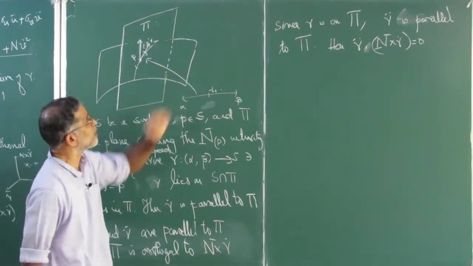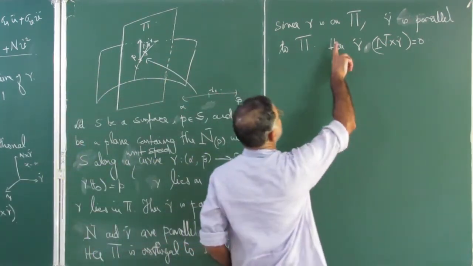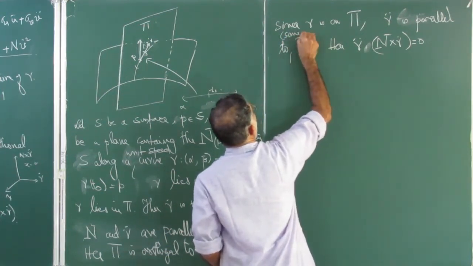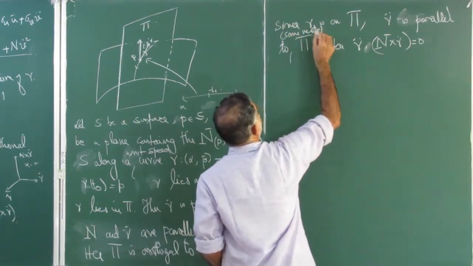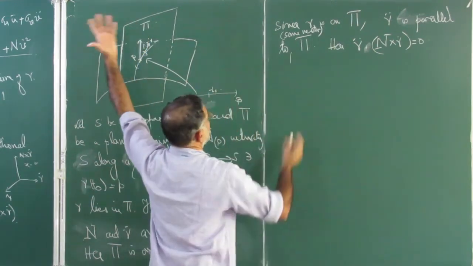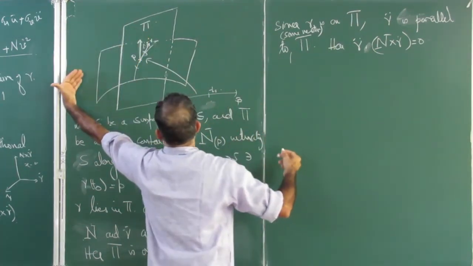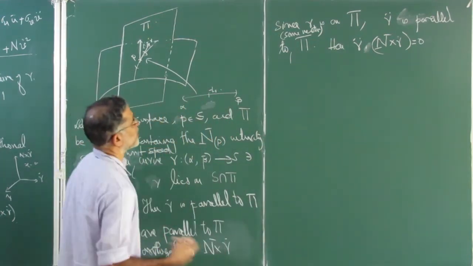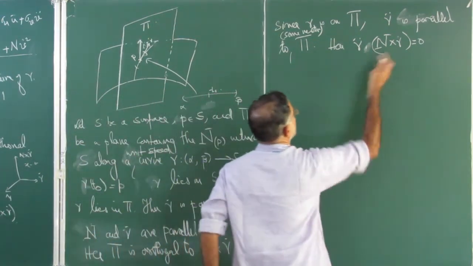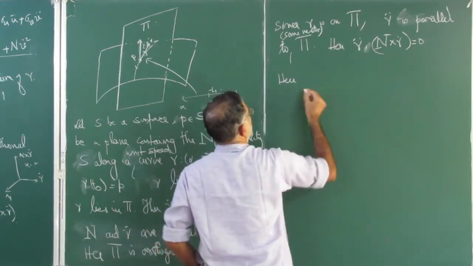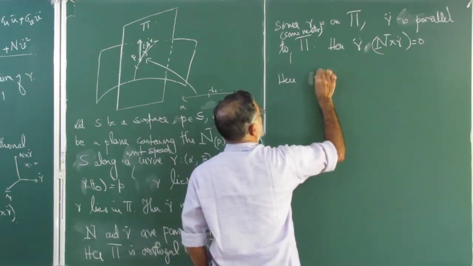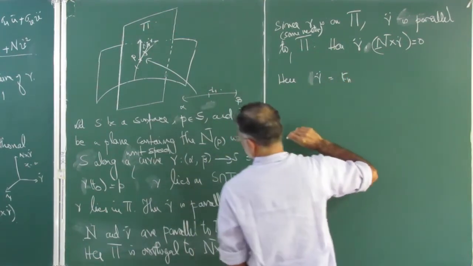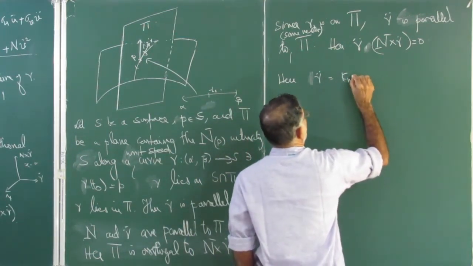Actually, to be very precise, it is parallel to some vector in pi, because pi is here, some point in pi, some vector here, and your gamma double dot will be somewhere here, because it is going to be footed at the origin. So therefore, this is 0, hence gamma double dot is actually equal to kappa n N.